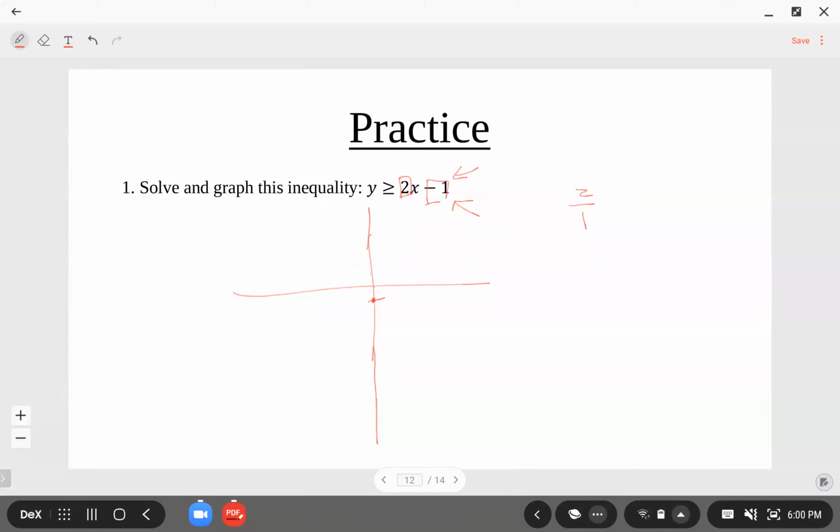Up 1, 2, to the right by 1, right there. You can keep going. You can do negative 2 over negative 1: go down by 2, 1, 2, to the left by 1, right there. That's our line. Now this is greater than, so this should be shaded on the top.